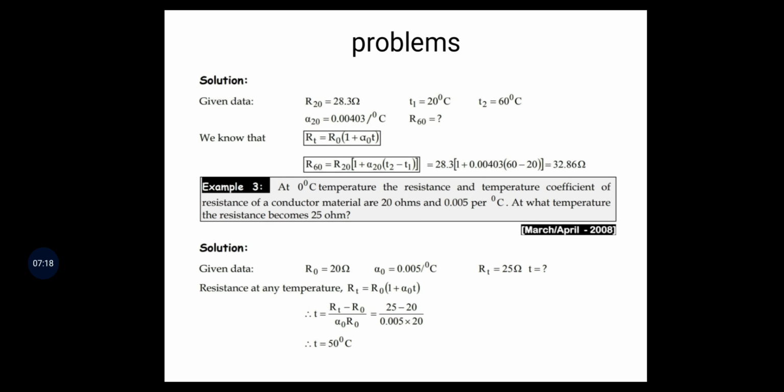R naught equal to 20 ohms, alpha naught equal to 0.005 per degree centigrade, RT equal to 25 ohms, then T equal to how much?